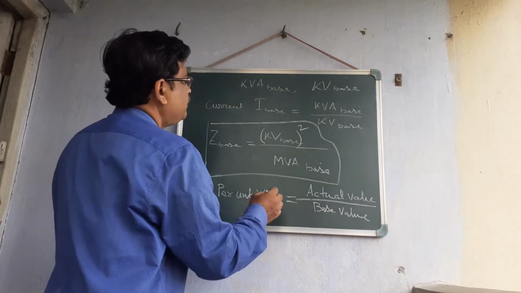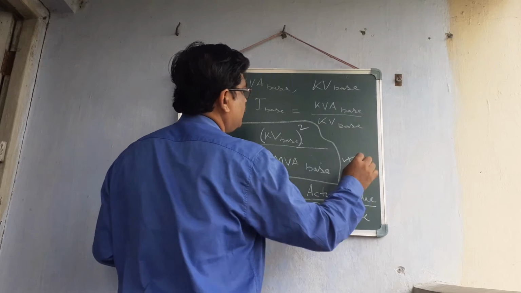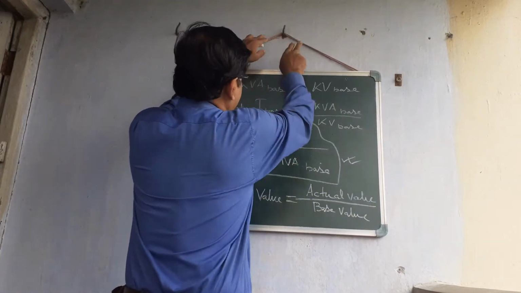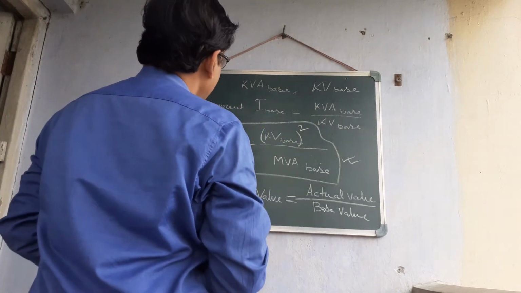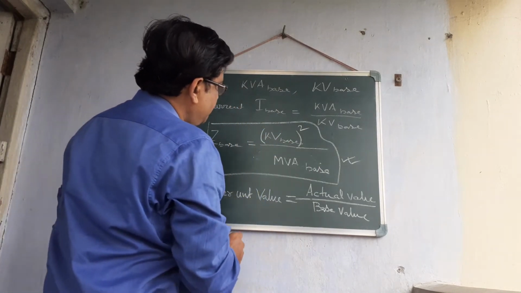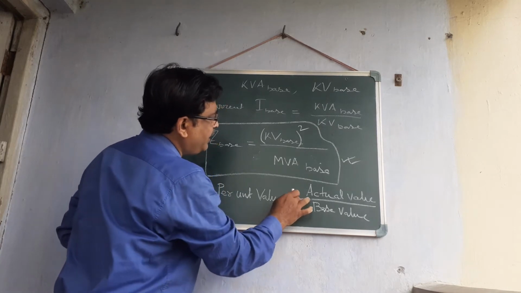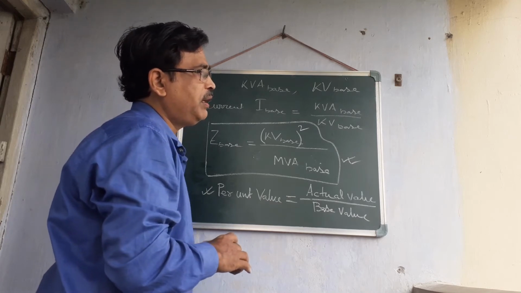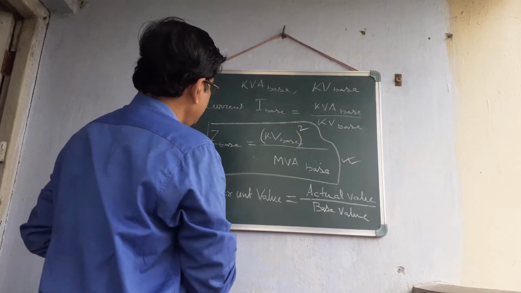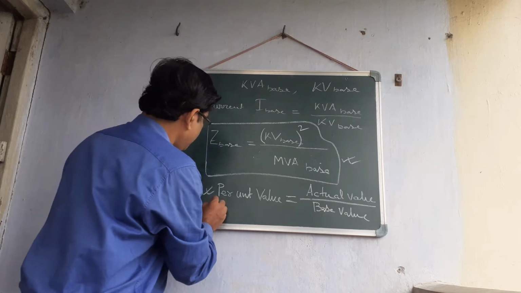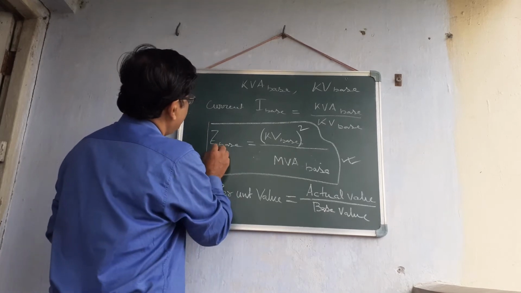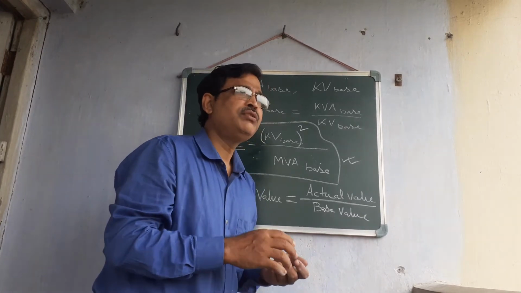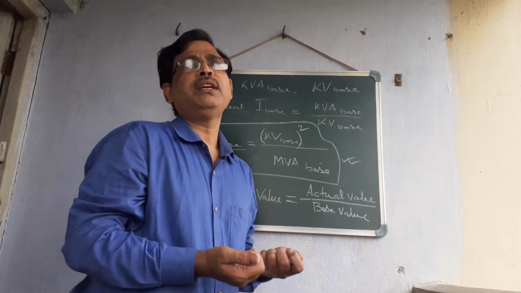So from these two formulas we can derive that the per unit value of any three-phase quantity, per unit Z of a three-phase system, is equal to per unit Z of a single-phase system.